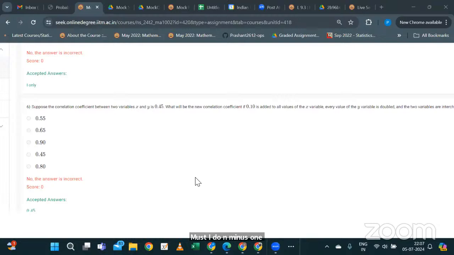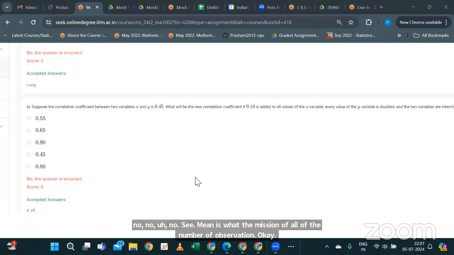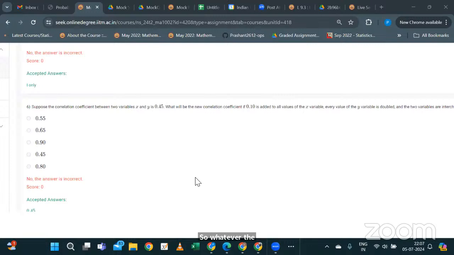No, for mean, it's a basic formula: summation of xi divided by n. For sample standard deviation, you have to do n-1. So for sample mean, it's just a plain divide? Yes. See, mean is the summation of all observations divided by the number of observations. So whatever the number, whether it's 10, 11, or 15, you have to divide by the number of observations. No n-1.